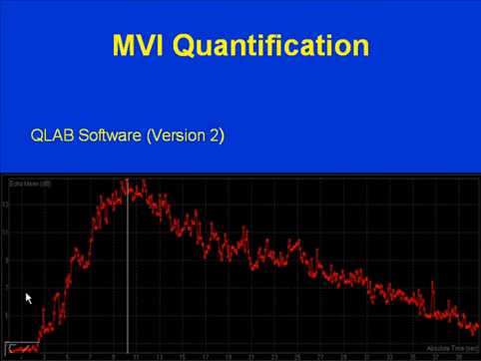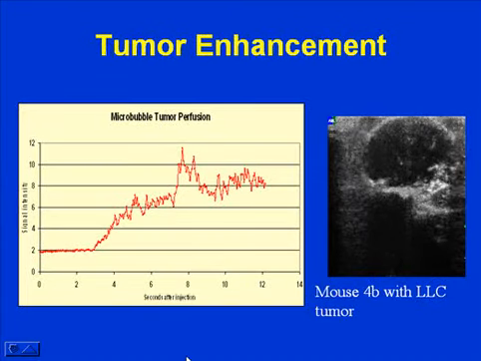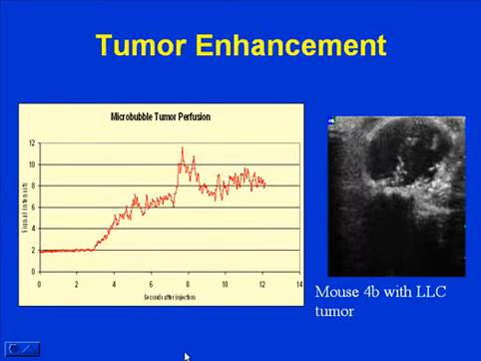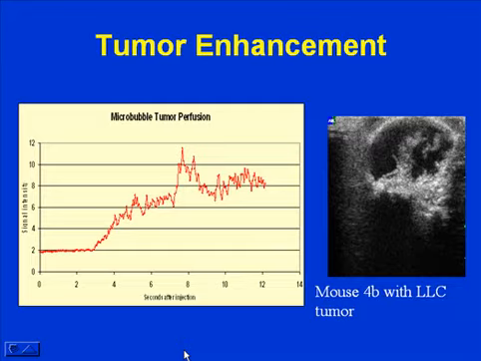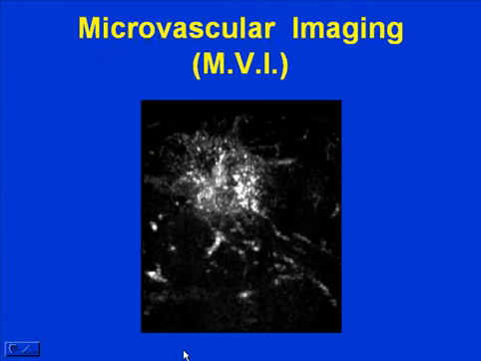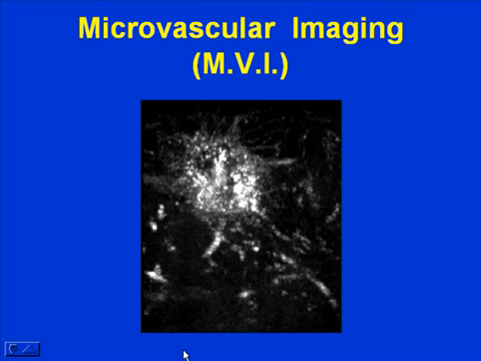We can quantitate this activity in our time activity curve, where we can see the time to peak, the peak value, and the washout phase, and the area under the curve reflects the overall vascular volume. This is shown in this image with the tumor and the time activity curve. We can also do a maximum intensity projection image and get an idea of what the vessel branching patterns are. And this has been termed microvascular imaging.